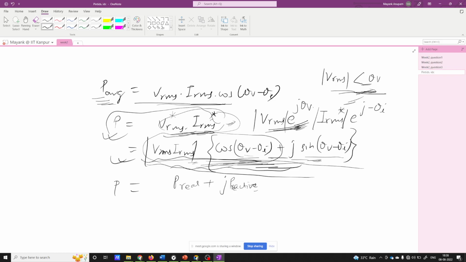If you take the conjugate here instead, you will not be able to match these two terms. So the whole purpose of defining this complex power is to make our life easier. This cos of theta V minus theta I should come here, otherwise we will not be able to make any use of this. So for that we took IRMS conjugate. Is it making sense?